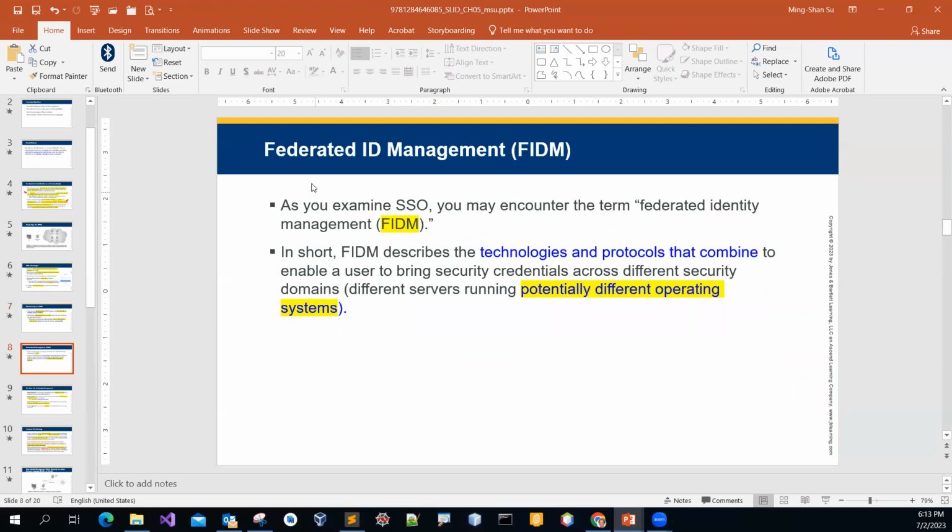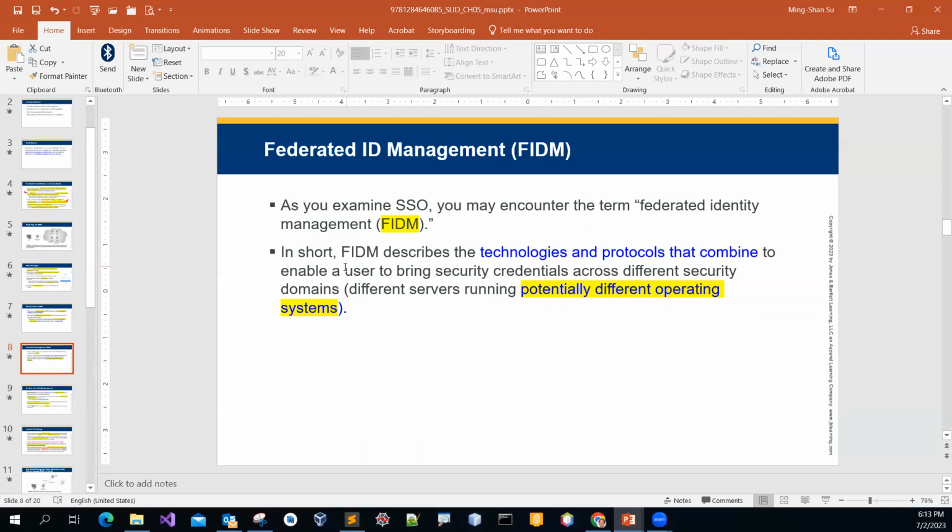All right, another term is called FIDM, federated identification management. As you examine single sign-on, you may encounter the term federated identification management, FIDM.